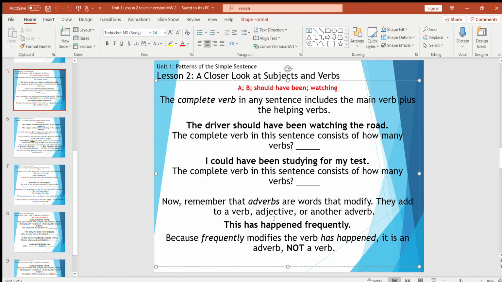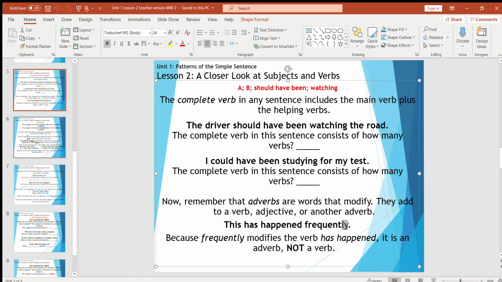So if we have this has happened frequently, the action verb is happened, the helping verb is has, but frequently is not included in the verbs because it is just an adverb. Those are 2 separate parts of speech. 95% of the time with adverbs, they'll end with ly. So if you see an ly word, chances are it's just going to be an adverb.